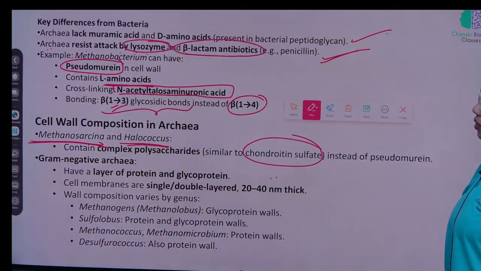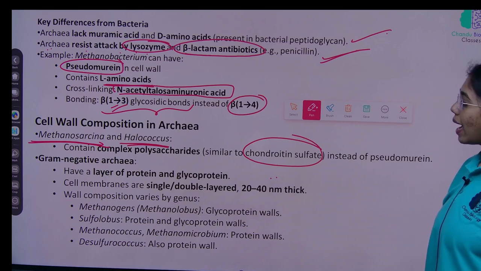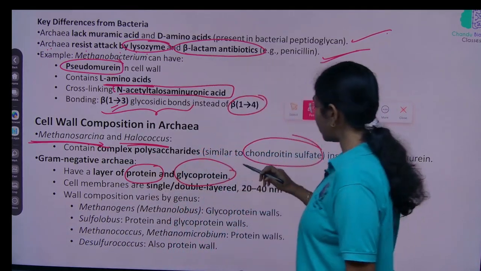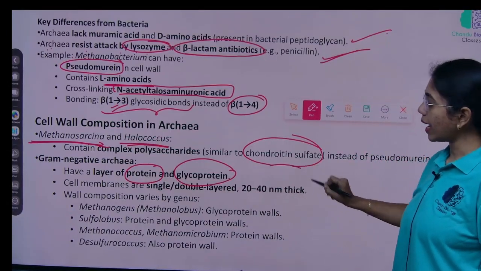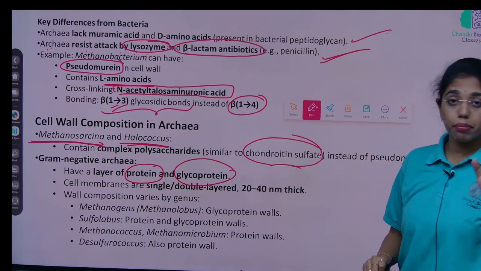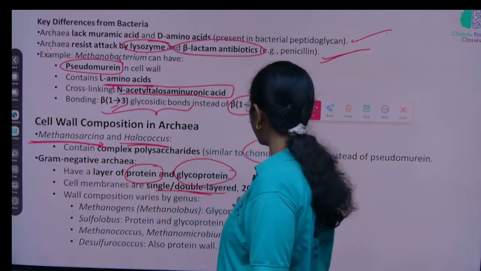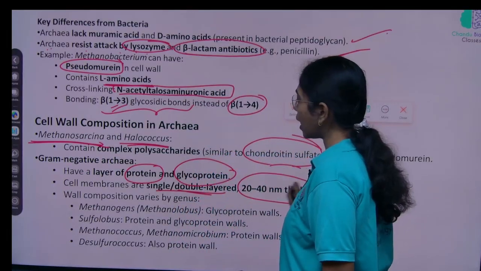Now, Gram-negative archaea have a single layer of protein and glycoprotein. The outer membrane is absent. The cell membranes are single and double layered, 20 to 40 nanometers thick.